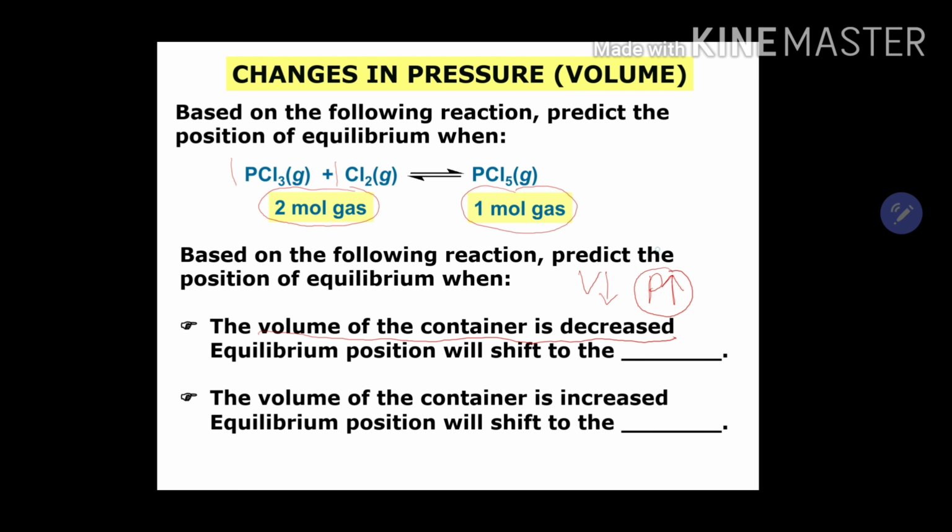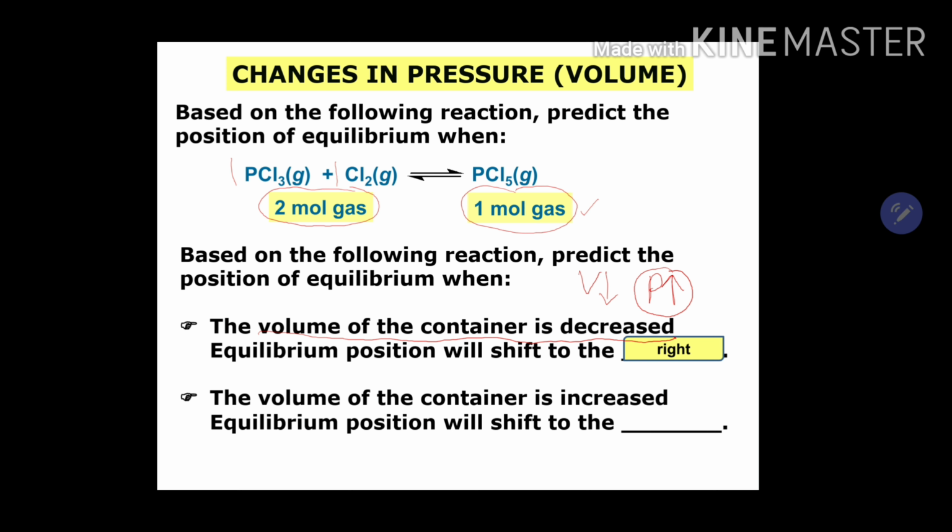By reducing the pressure. How does the system reduce the pressure? It will shift to the side with fewer moles. Which one has fewer moles? The right hand side. So the system will shift to the right.